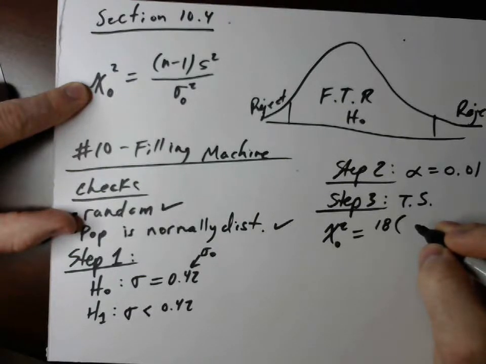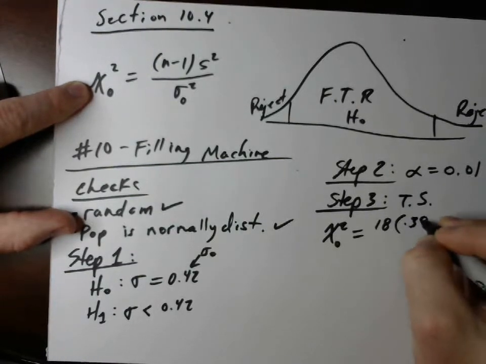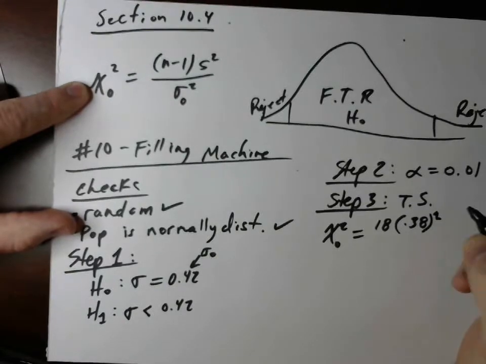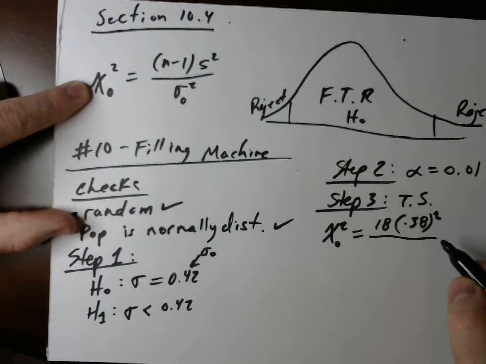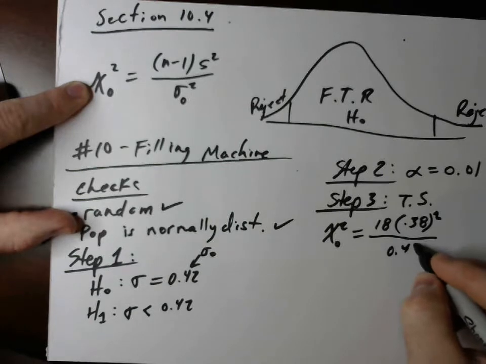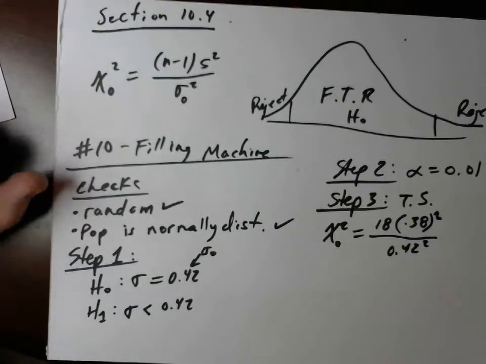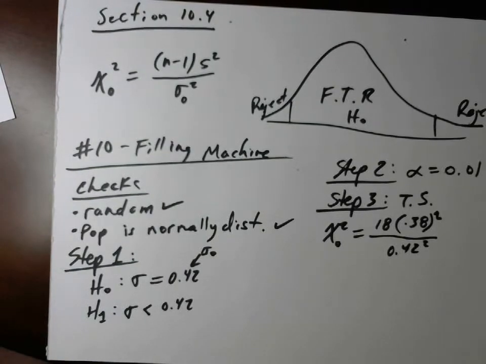It's mentioned that the sample standard deviation of the sample of 19 is 0.38, so we would have 0.38 squared. Then we divide by our claimed value squared, 0.42 squared.